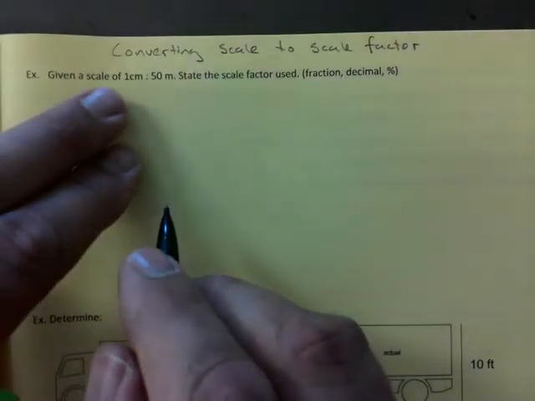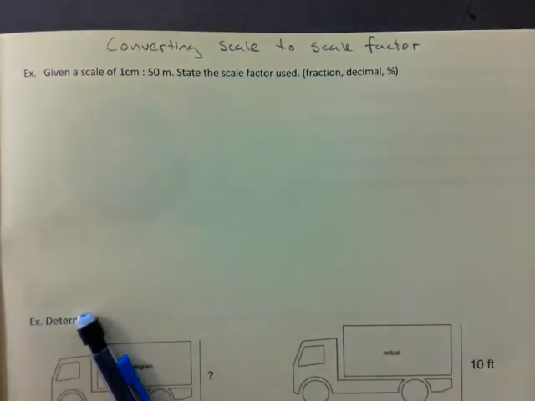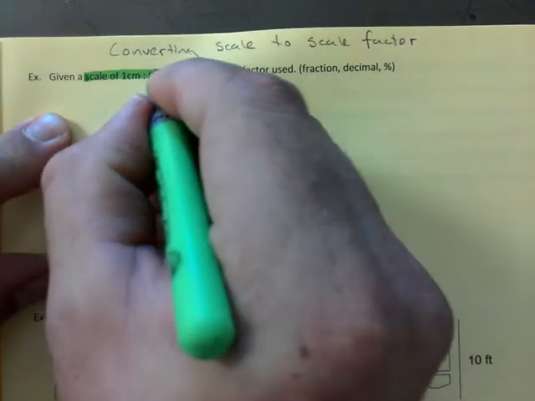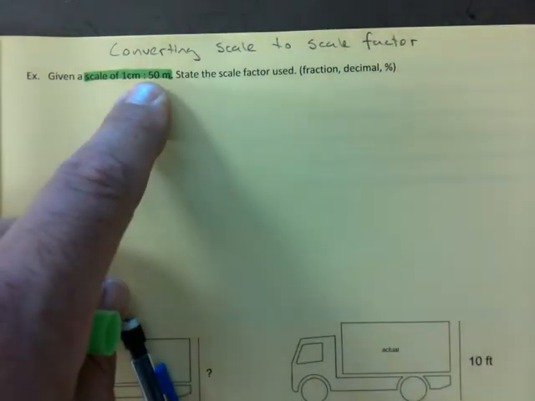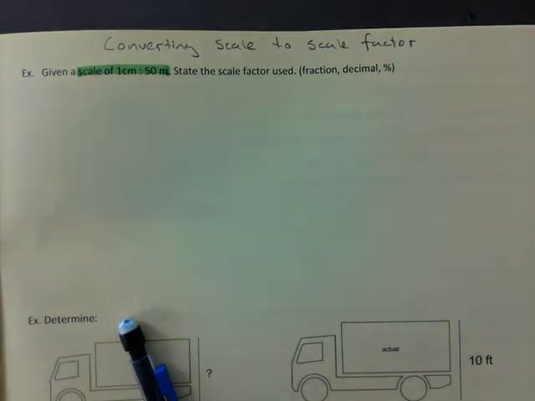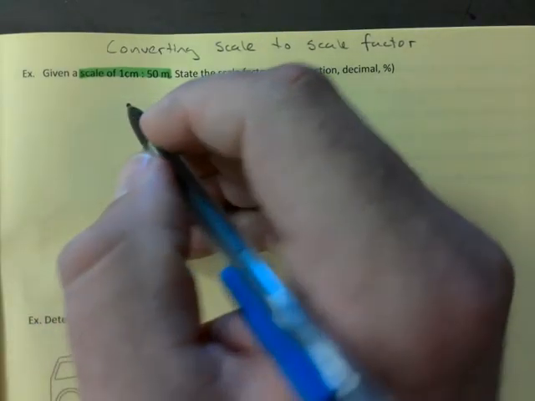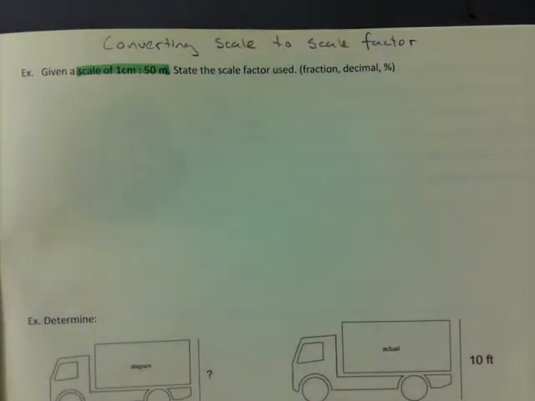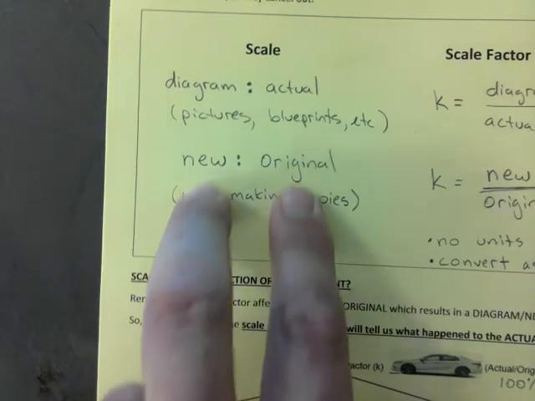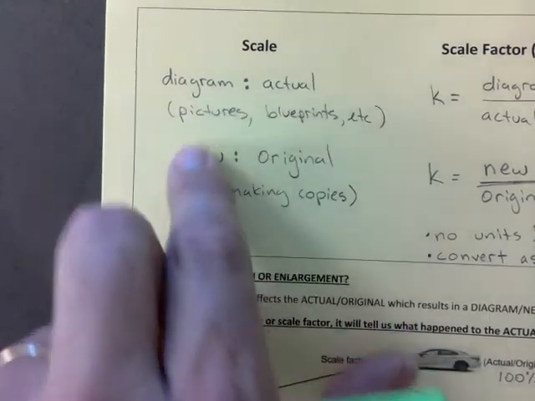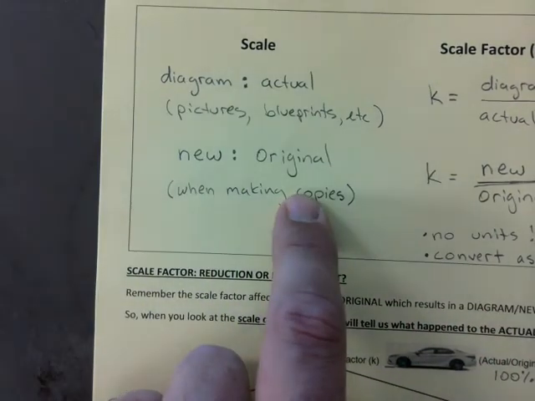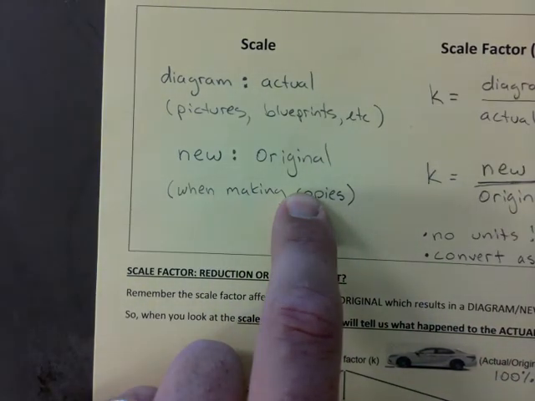Okay. So this is a scale. Scale has the colon in between, right? Separating. So we know right off the bat, you should know. And you're like, Mr. Dirksen, which one should I use in this case? It doesn't really matter. Maybe we could use this or this. This is just important to have the terms in the right place when you're doing a word problem.